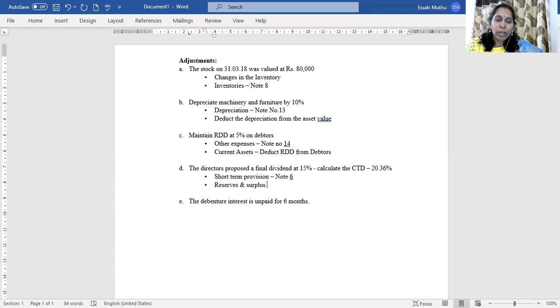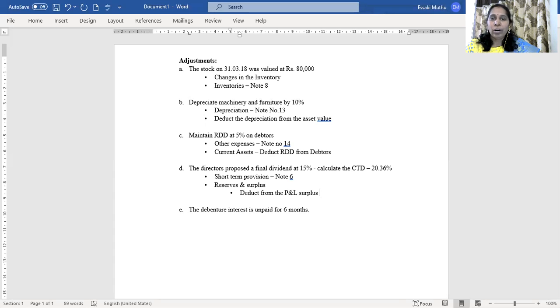Out of that, whatever amount is coming, you have to deduct the proposed dividend also. So under reserves and surplus, you are going to deduct from the P&L surplus balance, and the remaining amount will be considered as the closing balance of profit, and that will be called this year's surplus, and you can show it in the balance sheet.